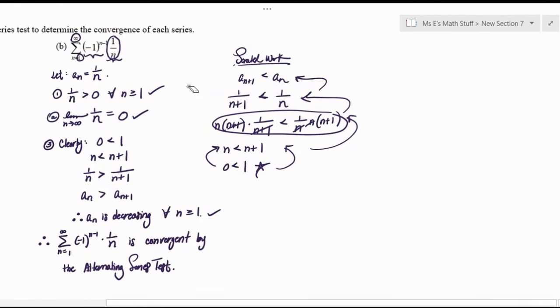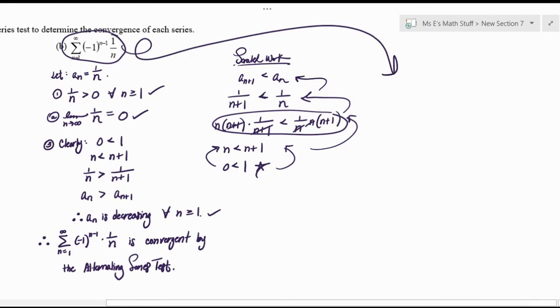Now, a comment, I want you guys to notice, it turns out a sum that looks like this has a special name. So the sum as n goes from 1 to infinity of -1 to the n minus 1 times 1 over n. Well, what would this sum have been called if it didn't have the alternating part, if it only had 1 over n in it? Yeah, that would have been the harmonic series.